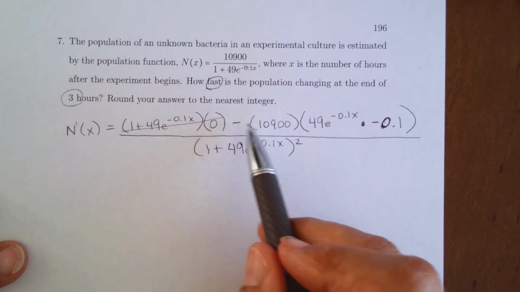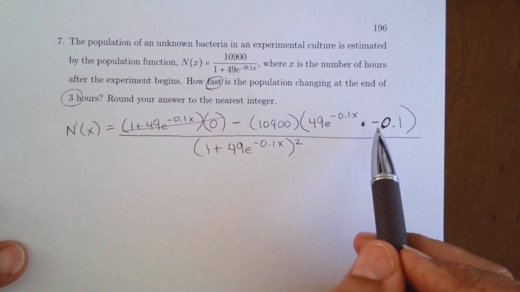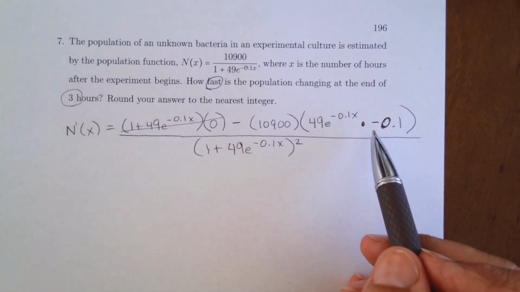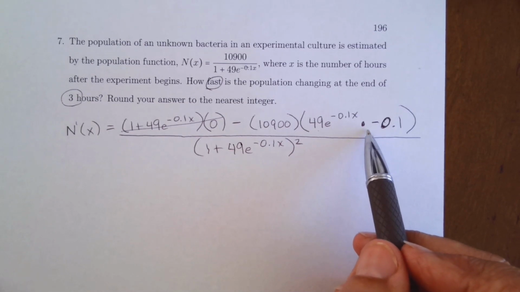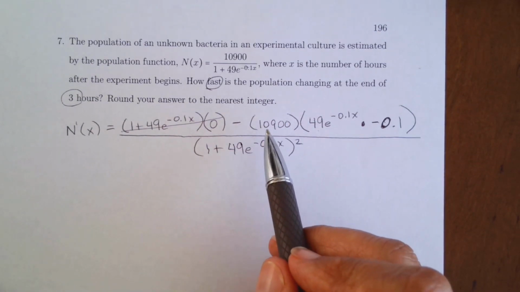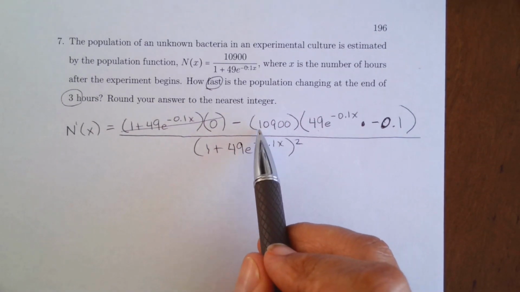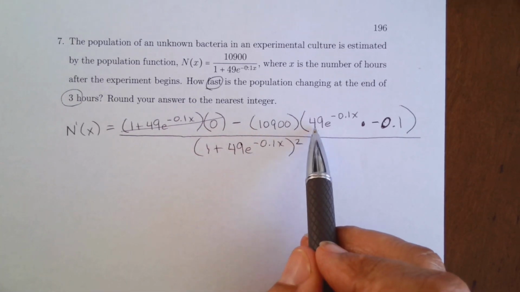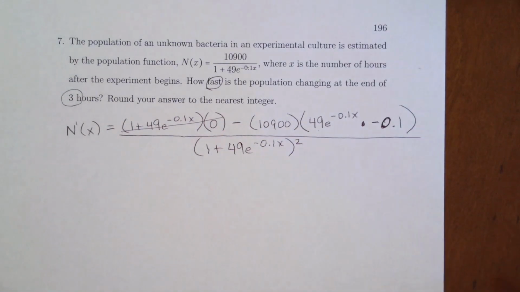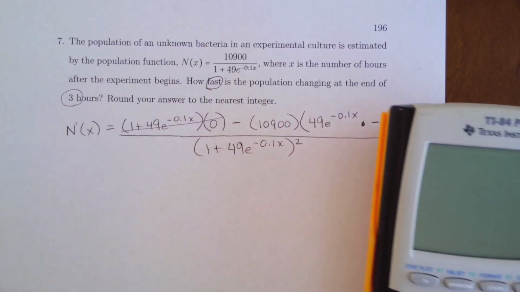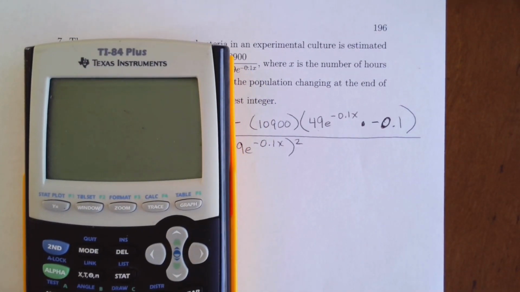So if I do this negative times this negative here, that's going to make the top positive number, okay? So I'm going to do this 10,900 times 49 times 0.1. But I know that it's positive, so I don't need all those negative signs. All right, so let me see what that gives me.